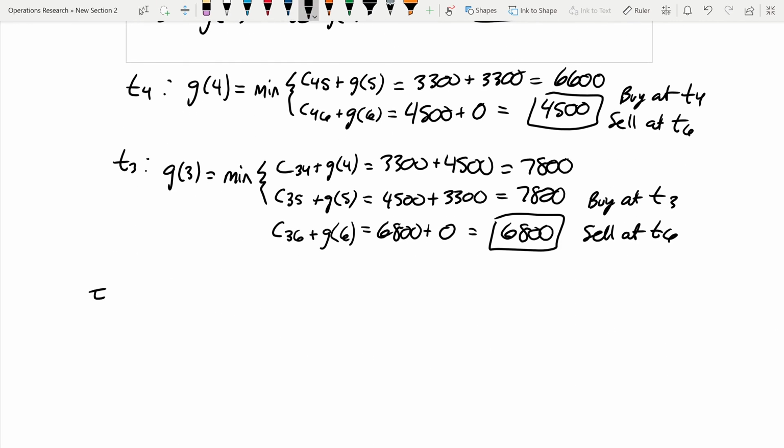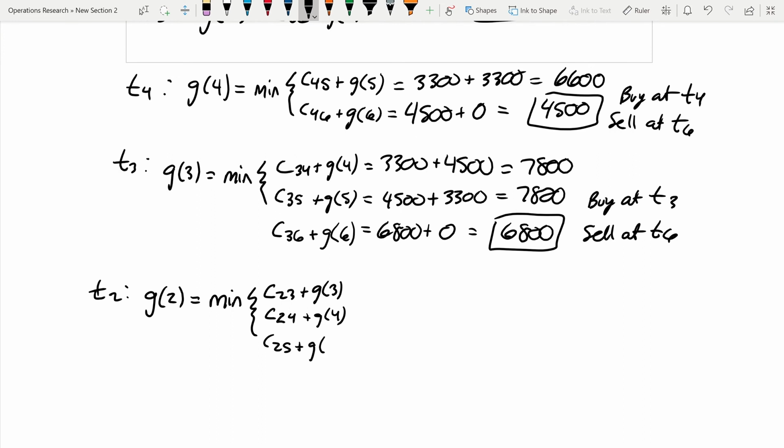Moving on, we can do T2 now. So G of 2 is going to be the min of, now we've got quite a few options here. We can go from year 2 to 3 and add on G3, 2 to 4 and add on G4, 2 to 5 and add on G5, or 2 to 6 and add on G6.